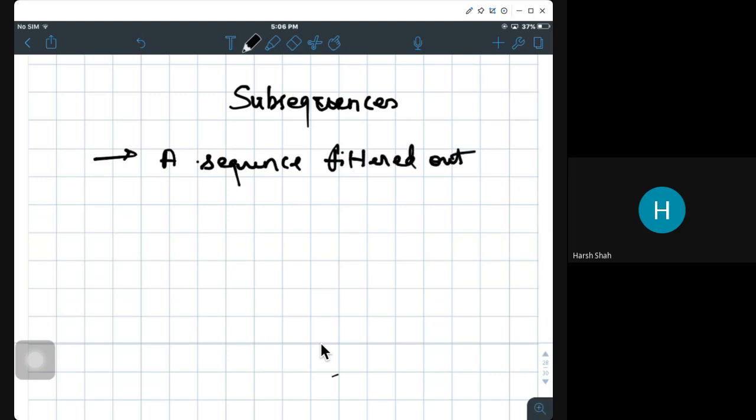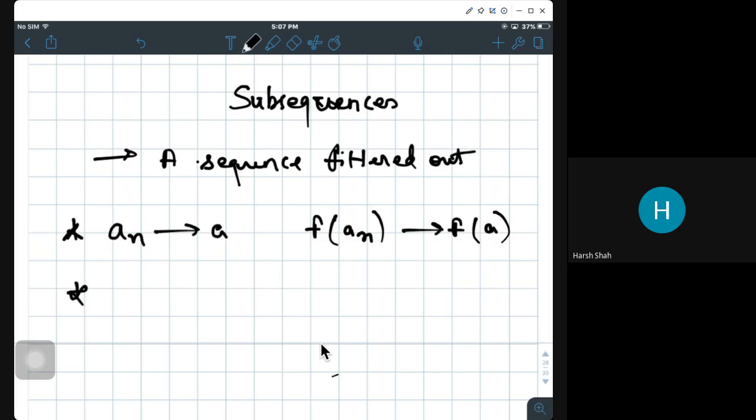Now, there are two main properties I want to talk about. First, let's say your a_n is the parent sequence, and this is your subsequence. Then this subsequence will tend to this value.